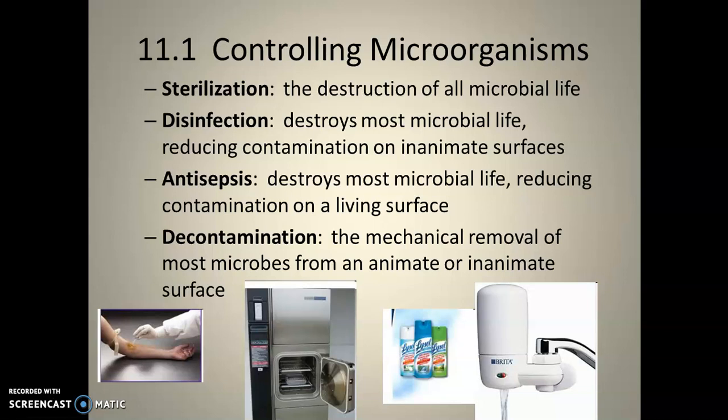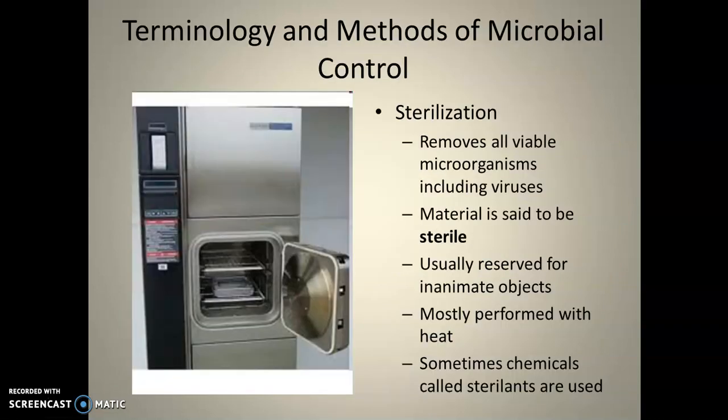The terms disinfection and antisepsis, that is only the destruction of most microbial life, and disinfection is used specifically when talking about reducing contamination on inanimate surfaces, so like tabletops, door handles, things like that. Antisepsis is used when describing the reduction of contamination on living surfaces. And then the term decontamination is specific to a mechanical removal of microbes.